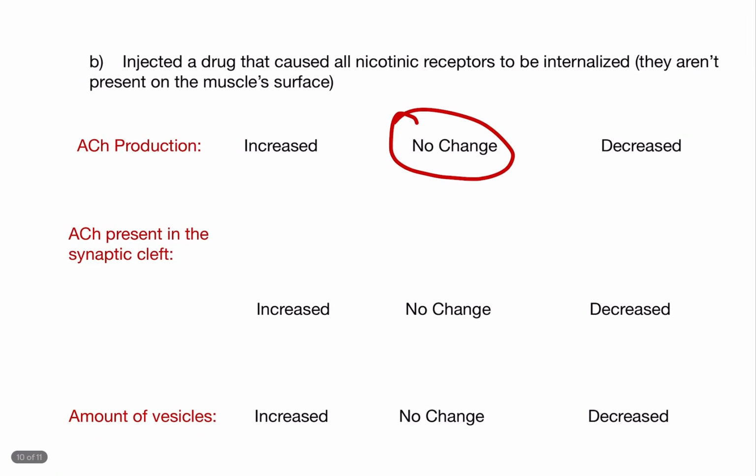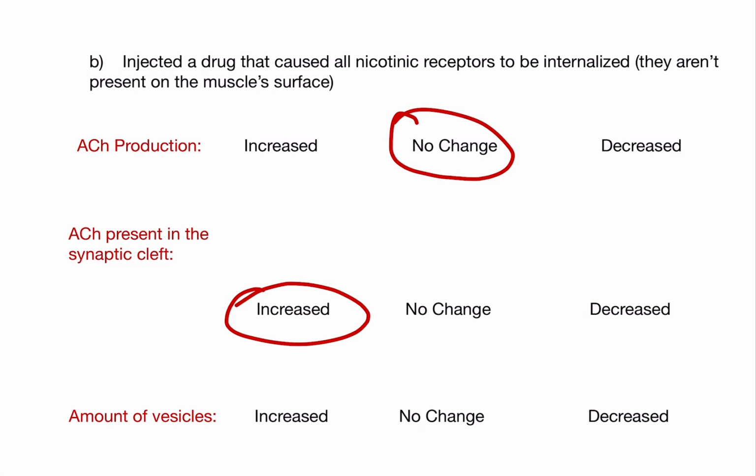Acetylcholine present in the synaptic cleft is going to be increased, no change, or decrease? It's going to be increased. Okay, so there's no receptors on the muscle cell, correct? We're still exocytosing acetylcholine into the synaptic cleft. That's true, but nothing is going to be bound to the receptors because there's no receptors.